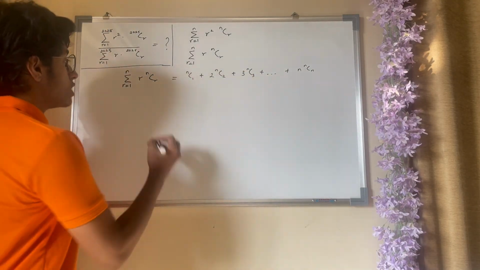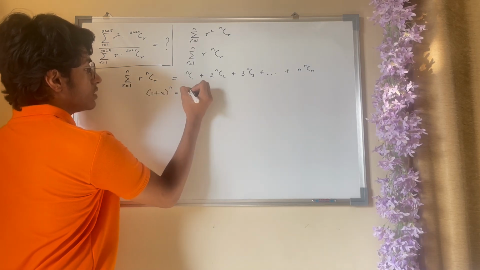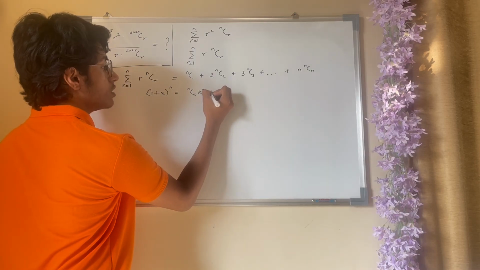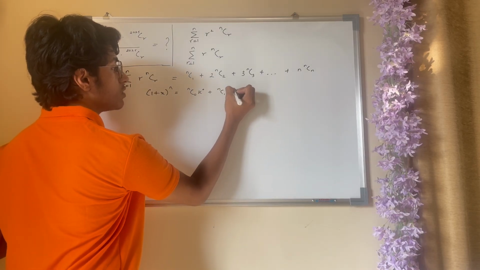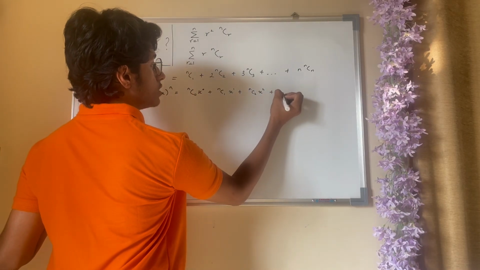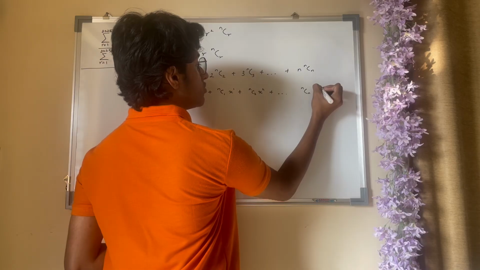Now we also know that the expansion of (1 plus x) power n can be written as nC0 into x power 0 plus nC1 into x power 1 plus nC2 into x square, and this goes on till nCn into x power n.